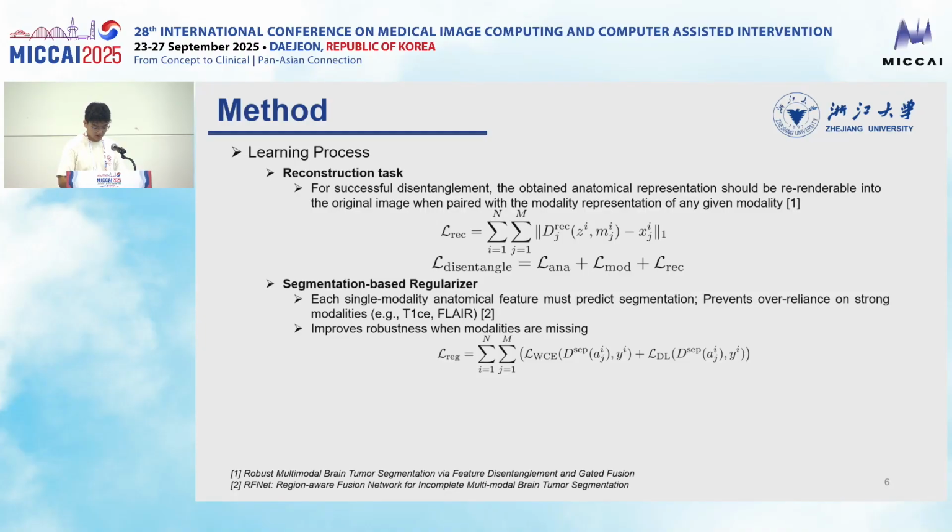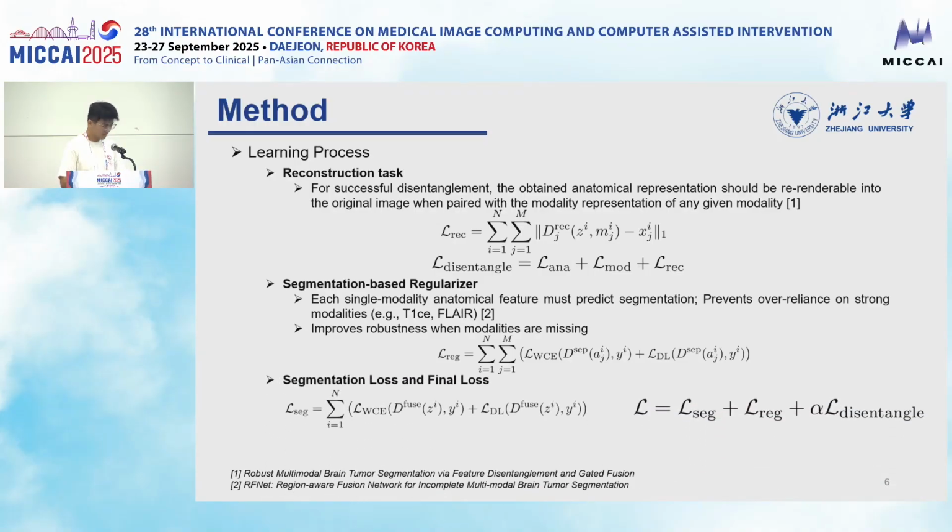This ensures the model still performs well even when strong modalities are missing. Finally, the segmentation loss is computed from predictions using the fused anatomical representations. The overall training objective is a combination of segmentation loss, regularizer loss, and disentanglement loss.